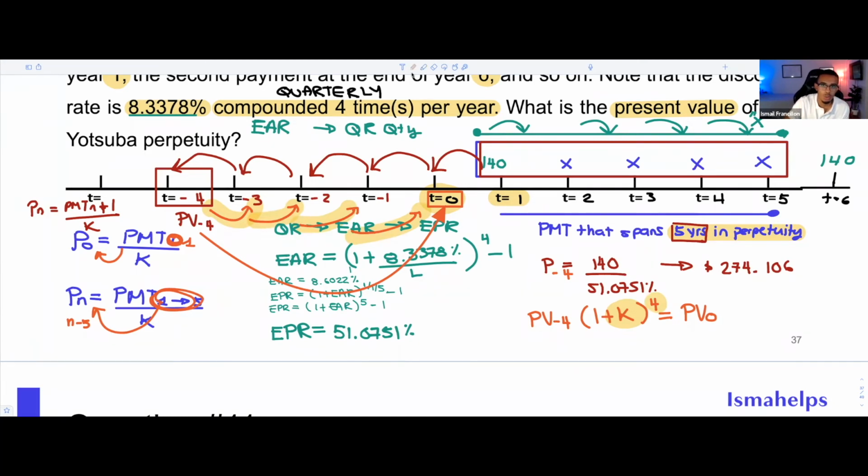Bravo, Shane, super solid. Yes, our K would be 8.602%. All right, and then what would be our present value 0 then?